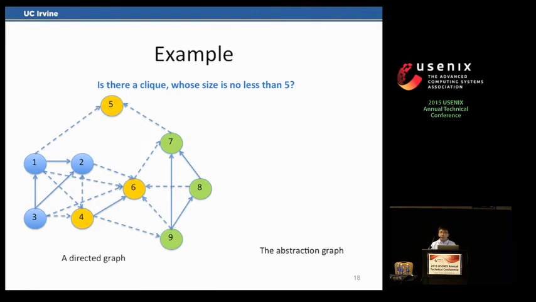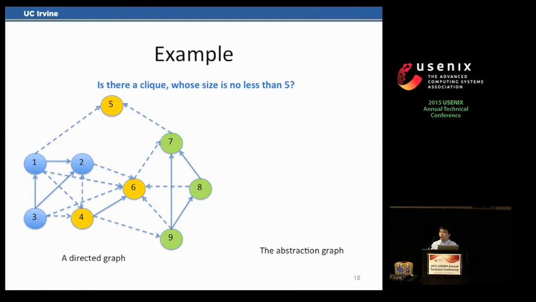According to different abstract functions, we may have different abstract graphs. In GraphQ, we use the interval domain to abstract concrete vertices, which means vertices with consecutive labels are abstracted by the same abstract vertex.